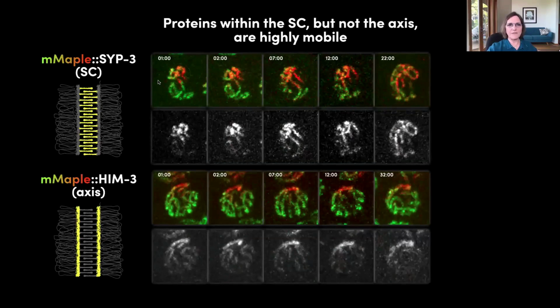He observed that if he photoconverted a small portion of a nucleus from green to red, those red converted SC proteins would spread out through the SCs in that nucleus over a period of about 20 minutes. As a control, he also tagged one of the axis proteins, HIM3 in C. elegans, and found that it did not show this kind of dynamic behavior. It stays relatively put over a similar time frame.